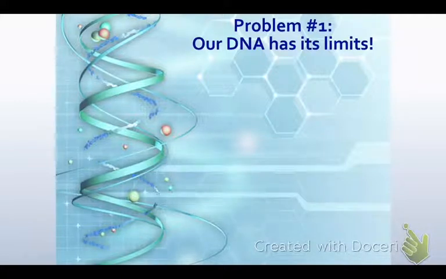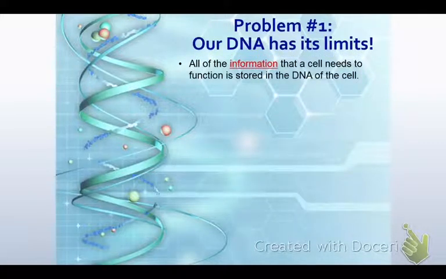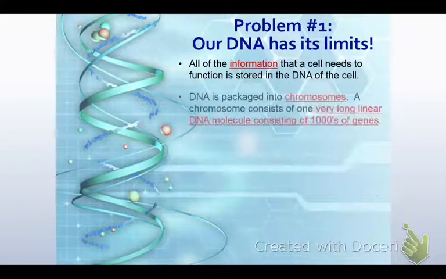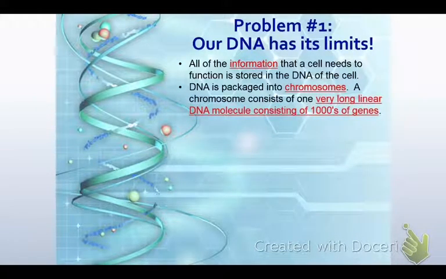So problem number one, our DNA has its limits. All of the information that a cell needs to function is stored in the DNA of the cell. Our DNA is packaged into chromosomes. A chromosome consists of one very long linear DNA molecule consisting of thousands of genes.